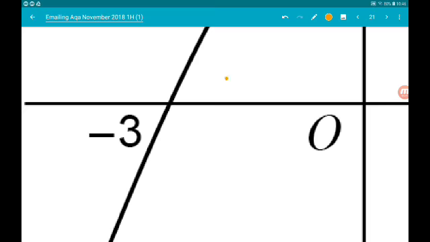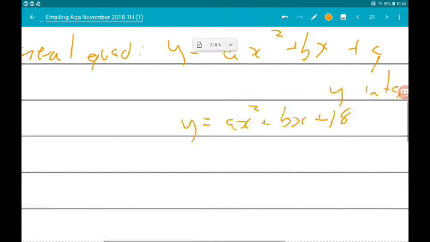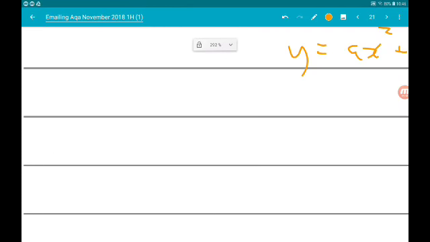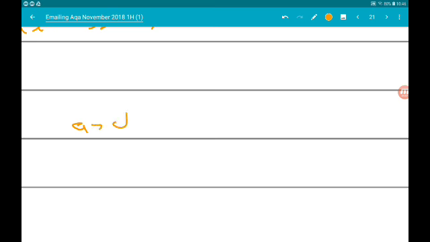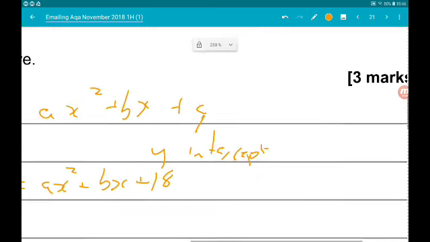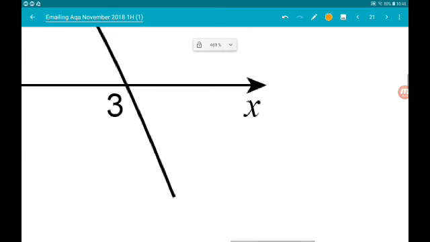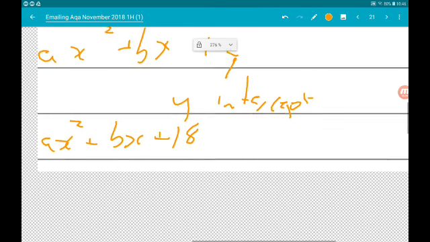So we know when x is equal to minus 3, y is equal to 0, and at the other point, when x is 3, y is equal to 0.